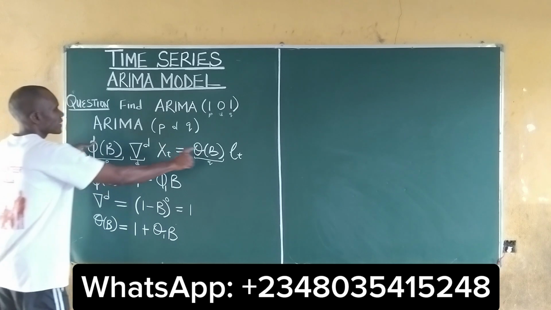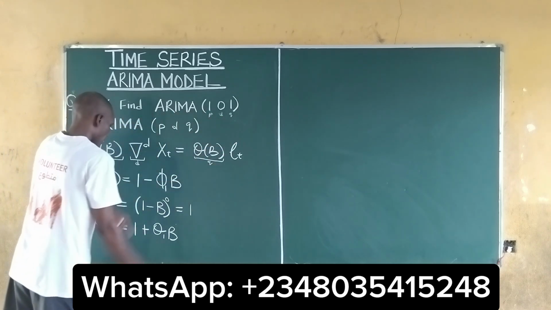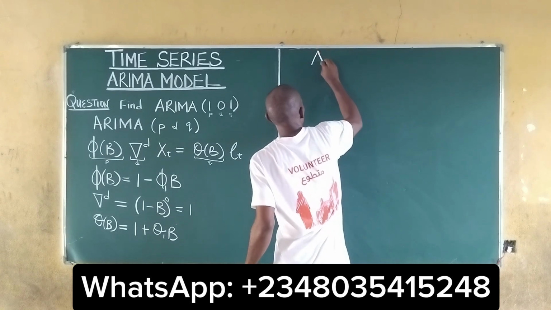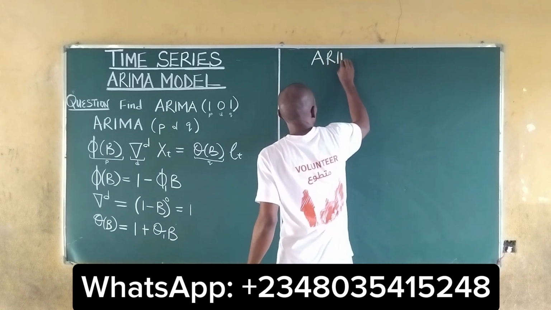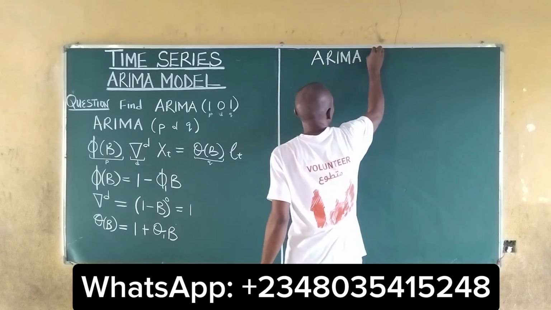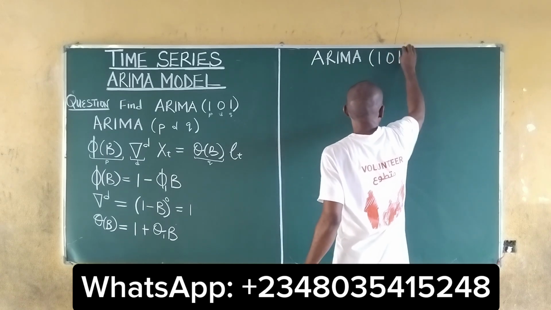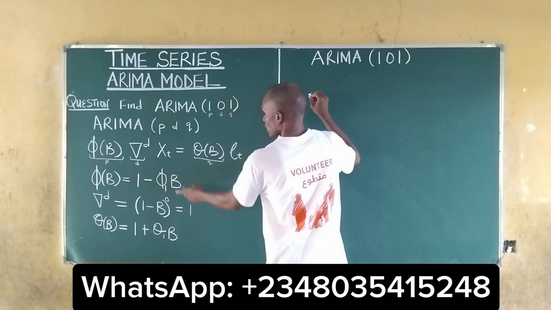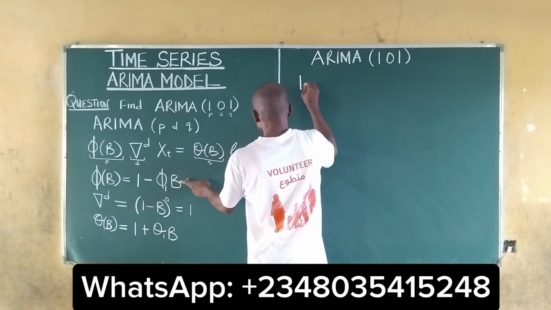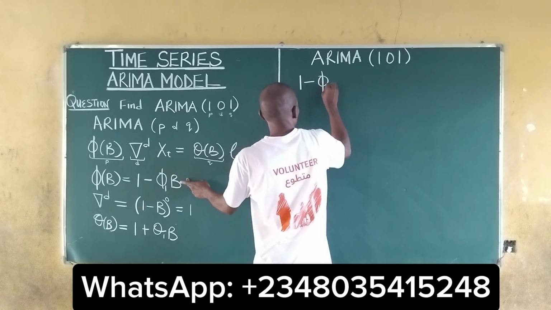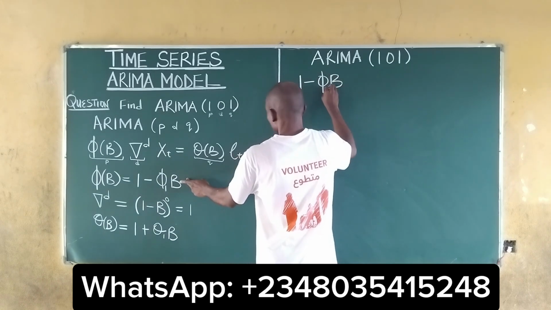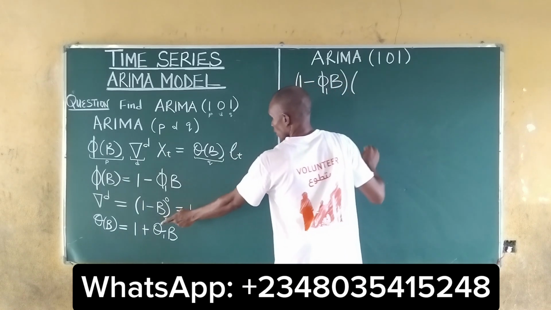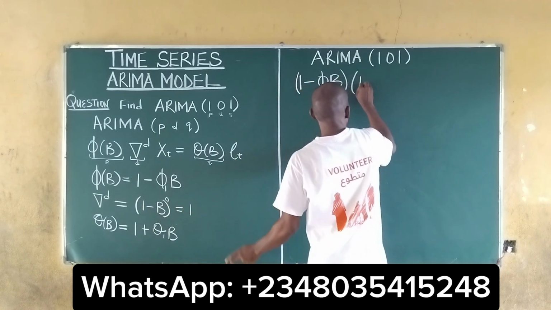So if we are writing this ARIMA(1,0,1), it will now be, we bring this part, which is 1 minus φ1 B, into our difference, which is 1.